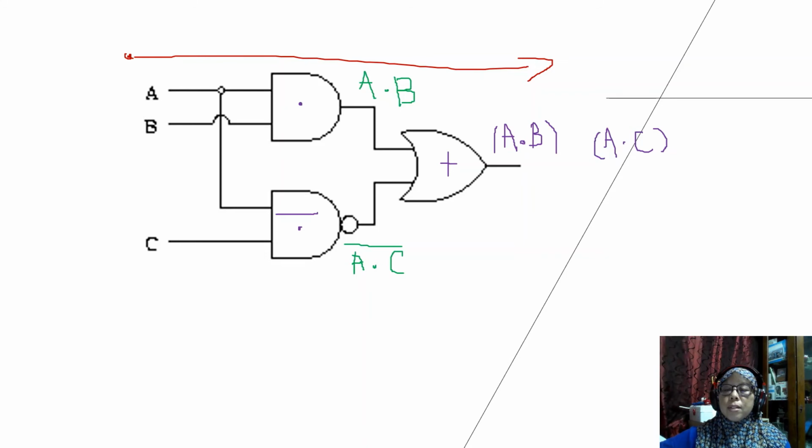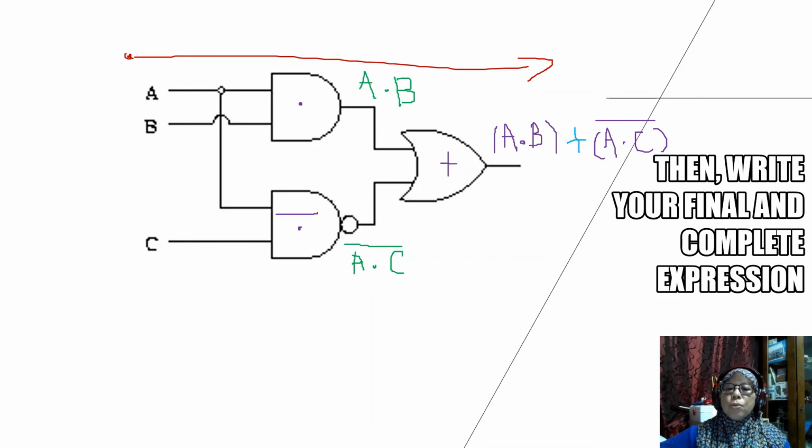Okay, saya letaklah. Dan dihubungkan kedua-dua ni dengan OR gate. Jadi OR tu letak di sini. Okay, so your final answer should be, saya akan tuliskan di bawah. Okay, tiada output dilabelkan di sini. Jadi saya rasa kita tak perlu letak bila tak dilabelkan, tak apa. So tuliskan sahaja sekali lagi.